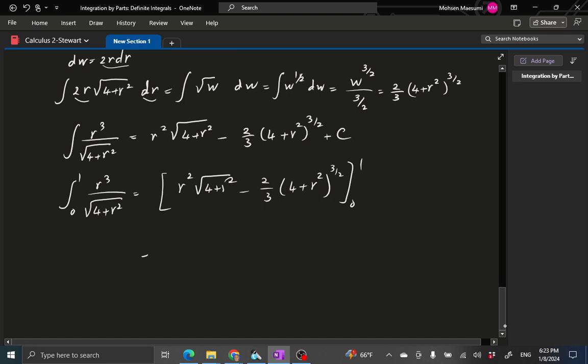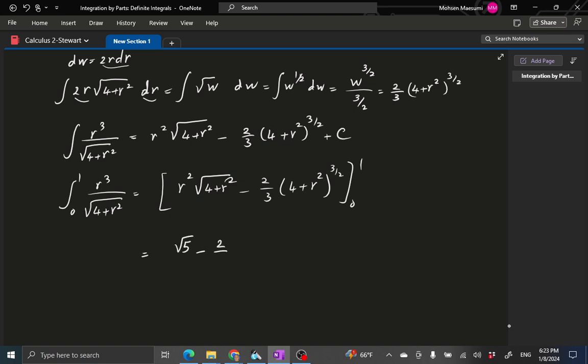C, of course, cancels, sorry. At 1, I have 1 times radical 5 minus 2/3 of, this is again 5 to the power of 3/2. This is at 1. At 0, this is obviously 0, minus 2/3 of, this is 4 to the power of 3/2.